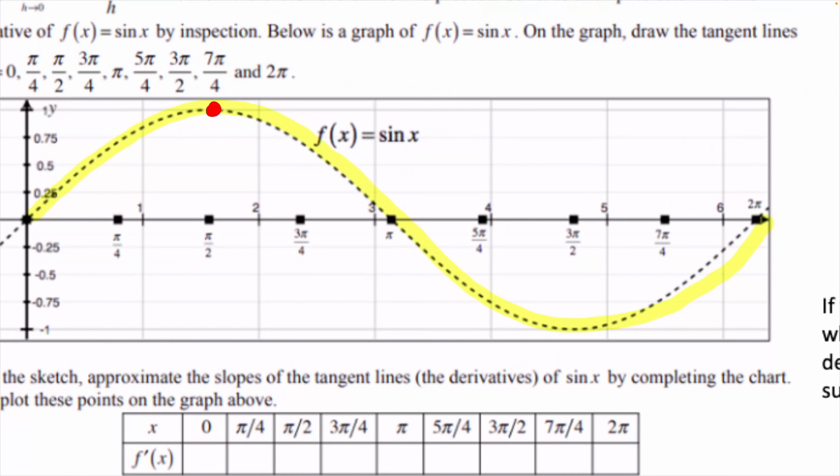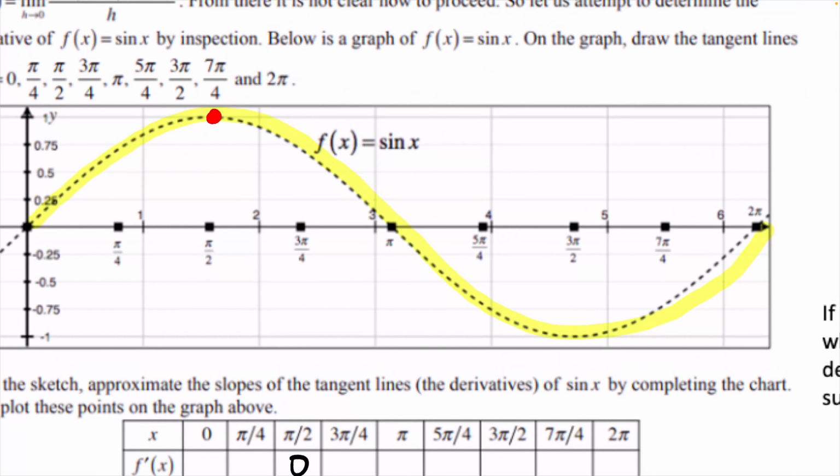Okay? So let's go down to our table here. That has an x value of pi over 2, right? And what was the derivative there? 0. So we're going to put a 0 here. Where's the other x value that has the same situation? 3 pi over 2. Yeah, 3 pi over 2.